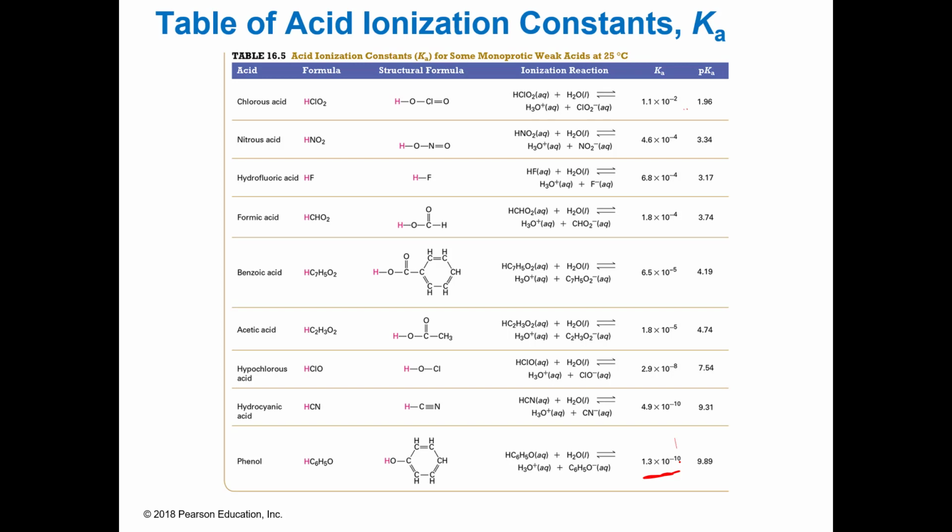If that Ka is a whole number above 1, then that means it's a strong acid, and we know there's only a few of those. So usually you're only going to get a Ka for the weak acids. Notice that the pKa is the negative log of Ka. That's how you get that pKa.